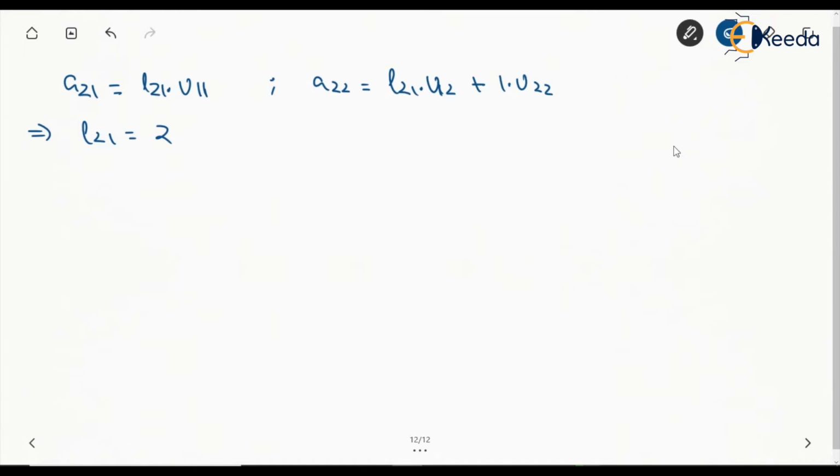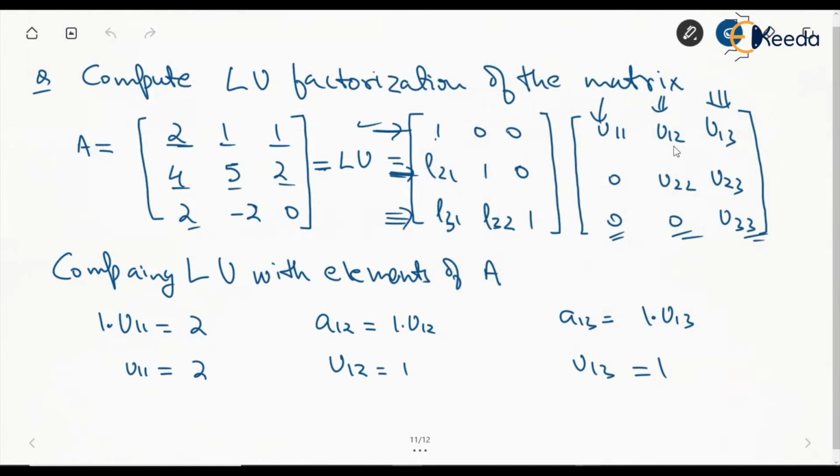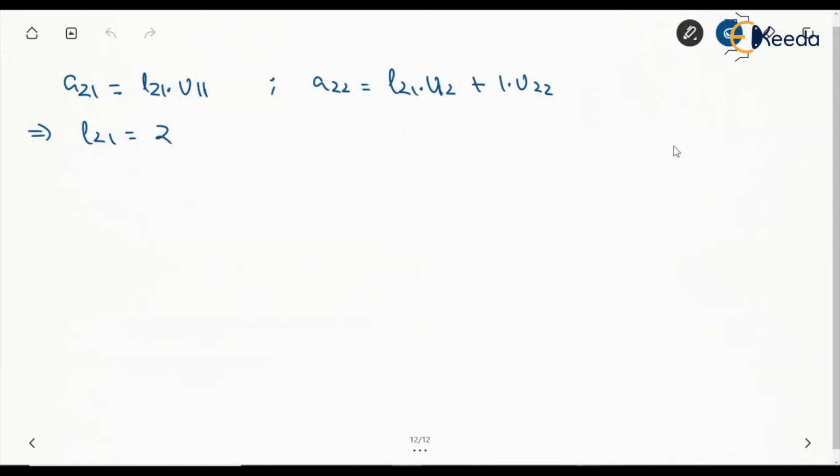So A22 is 5, and we have already found some of the values. So this is 5 equal to 2 into 1. Now that L21 is known, U12 is also known, plus U22. So from here we can find U22 is equal to 3.